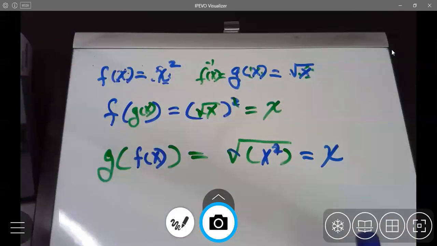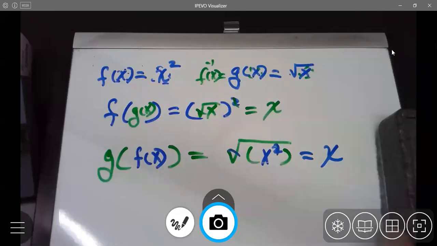So this is how we can check after we have worked through and come up with our inverse function. This is a way to check to make sure that we found the correct inverse function. Any questions with that so far?